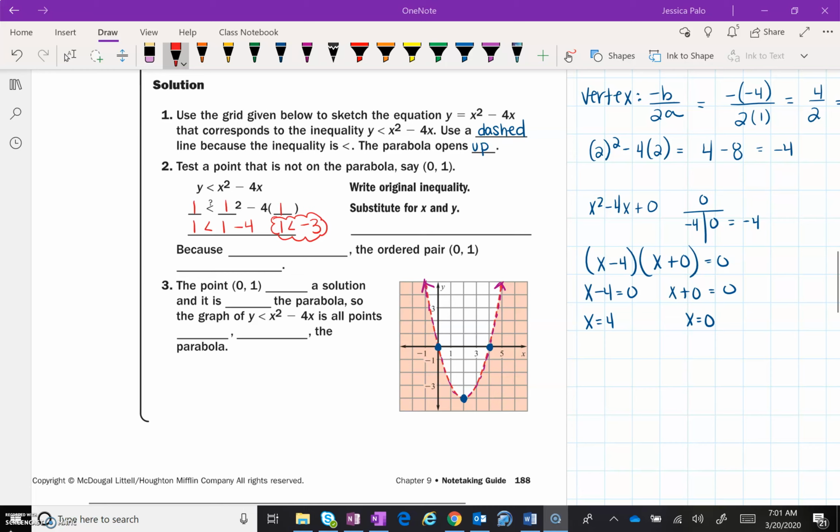So this is false. So we need to go to the parabola and see where 0, 1 was. 0, 1 was on the inside of the parabola. So since this is false, all of the solutions inside the parabola are now false. So you are going to shade everything outside of this parabola. Everything outside.